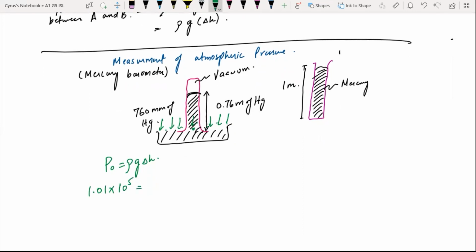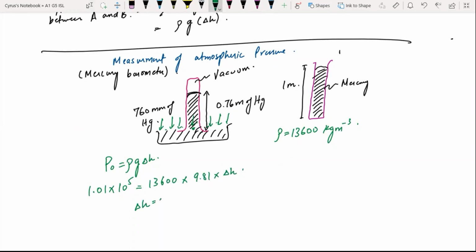Rho is the density of the mercury, which is given. This is 13,600. G is 9.81. 0.757 meters, which is in fact equivalent to 0.76 meters of mercury. So yes, this height is given by using this expression of 1.01 into 10 raised to power 5, right? Okay, this is how you can calculate it.